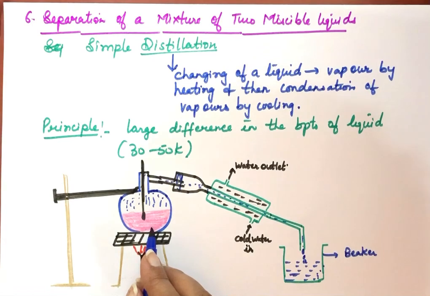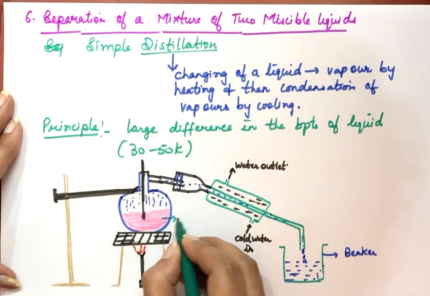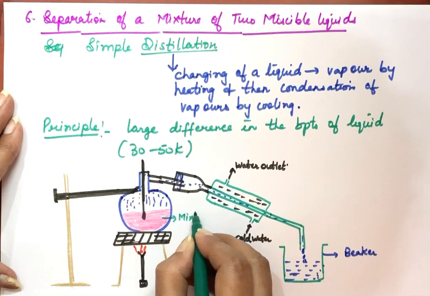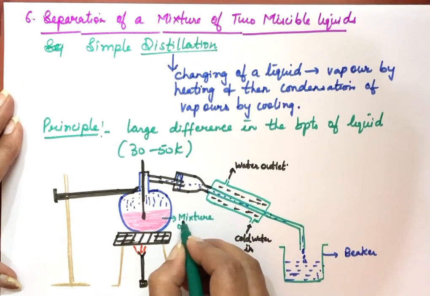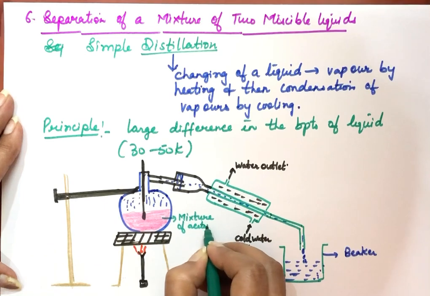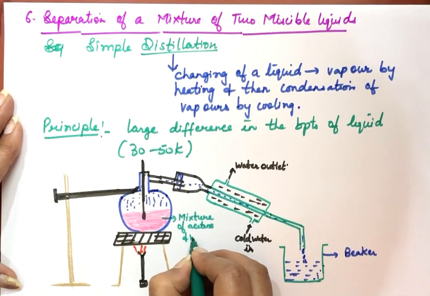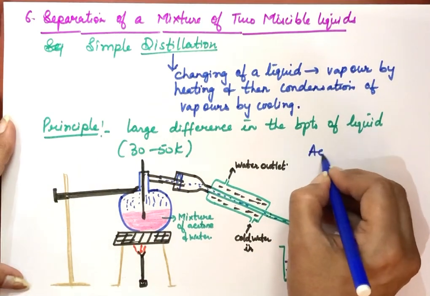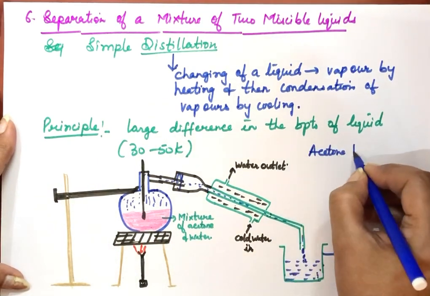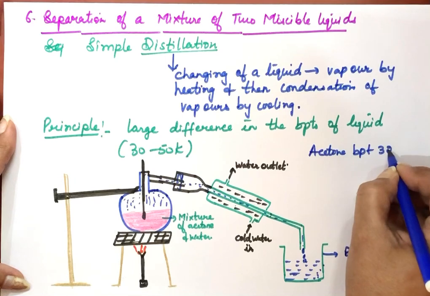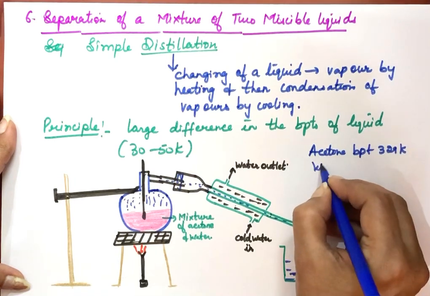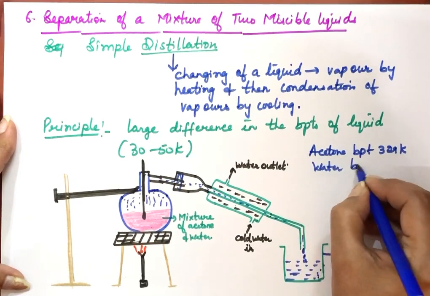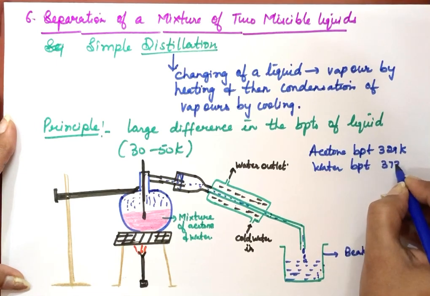Let's say the mixture that we have taken here is a mixture of acetone and water. Acetone boiling point is 329 Kelvin and water boiling point is 373 Kelvin.